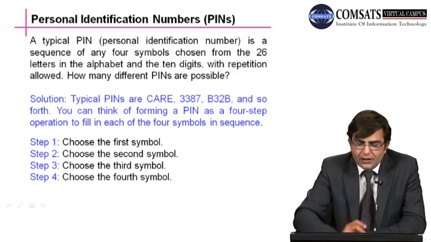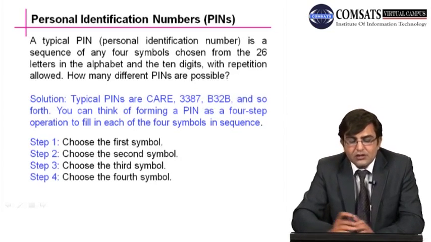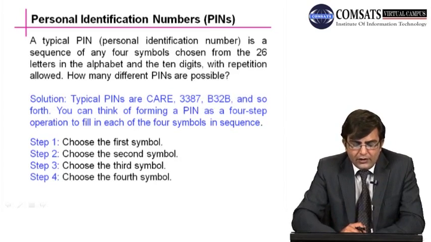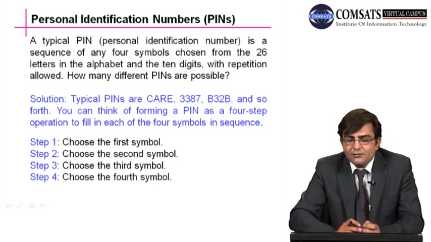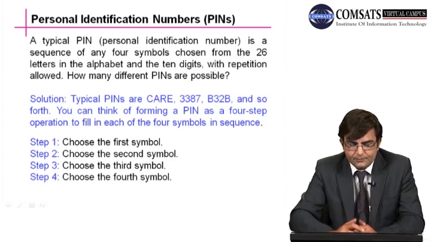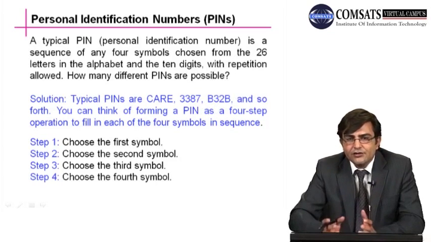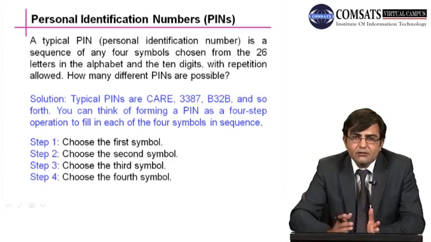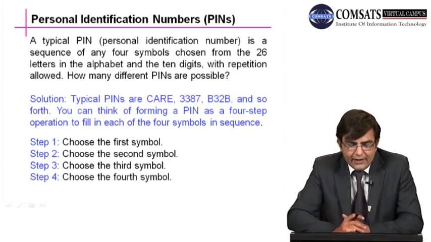You can think of forming a PIN as a 4-step operation according to the multiplication rule. At the first step, you choose any symbol out of these 26 plus 10, 36 characters. It could be A, B, C, X, Y, Z, anything.